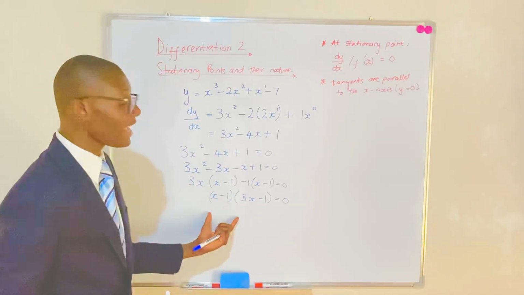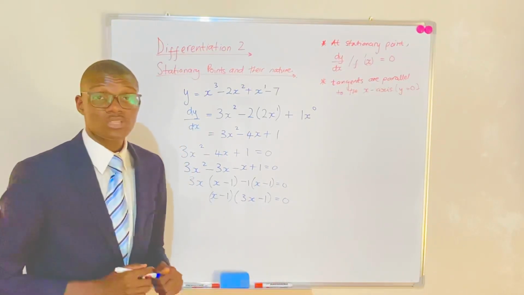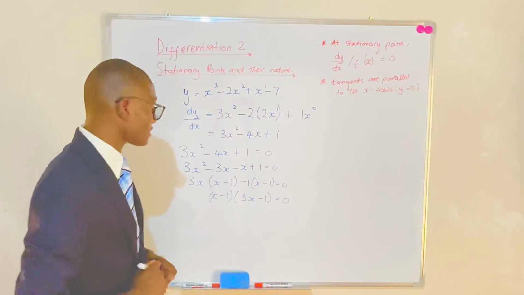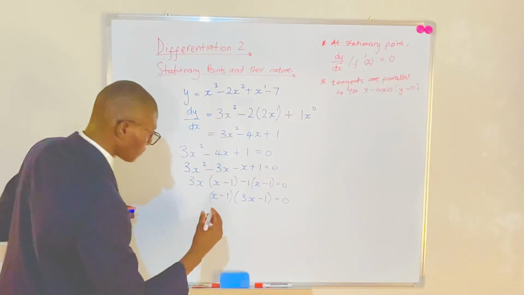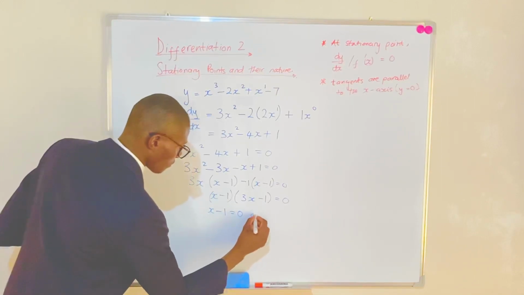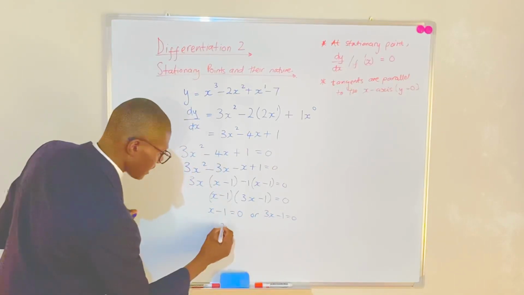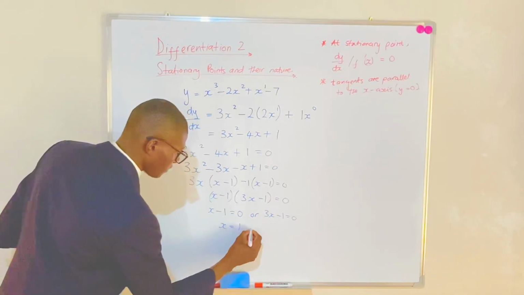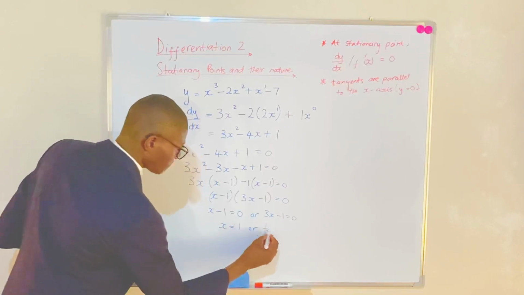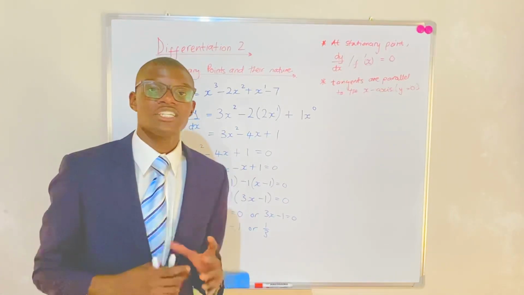So now we can say either x minus 1 is equal to 0 or 3x minus 1 is equal to 0. Then find two values of x. So now x minus 1 is equal to 0 or 3x minus 1 is equal to 0, such that x is equal to 1 or 1 over 3. But remember, we want the full coordinates of the stationary points.